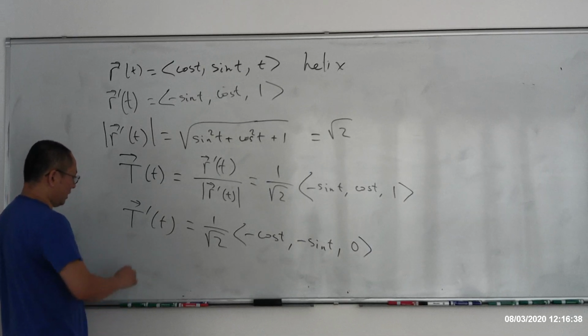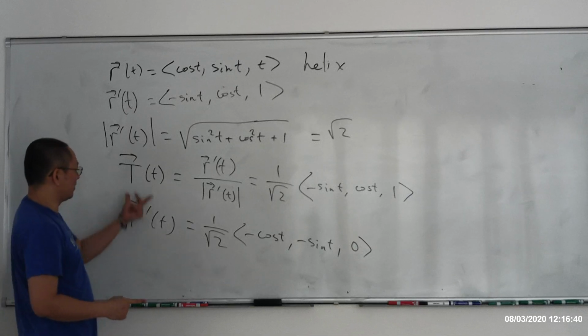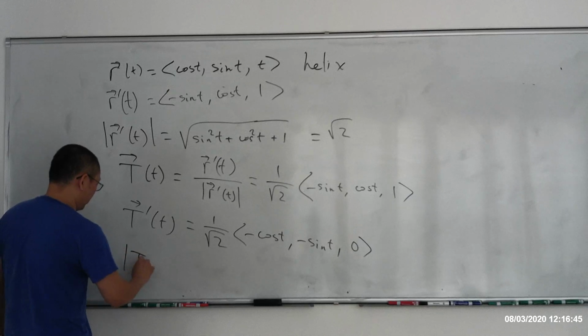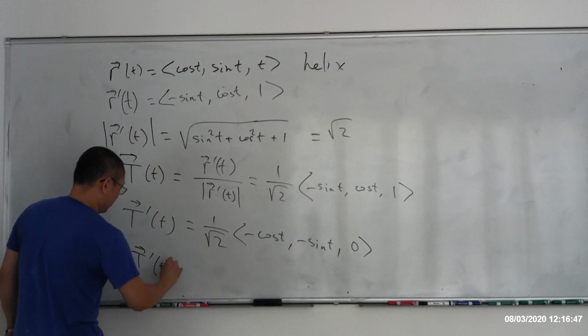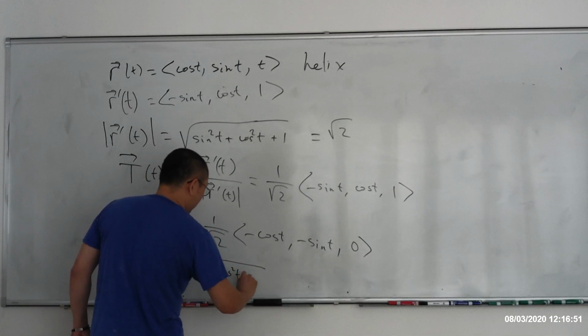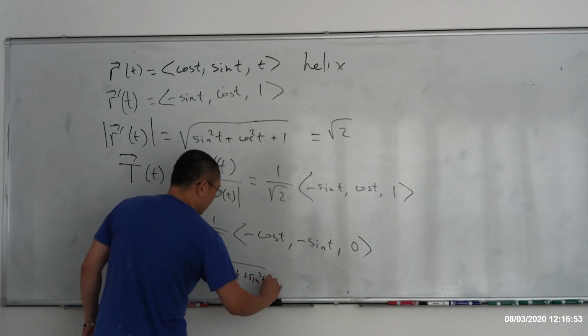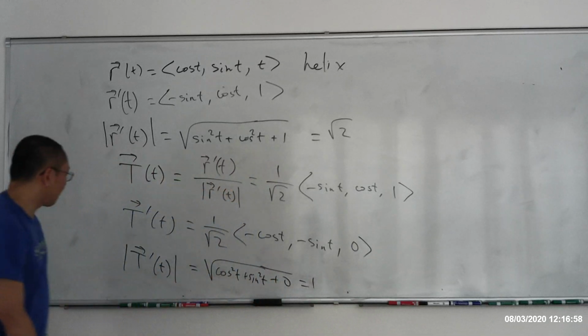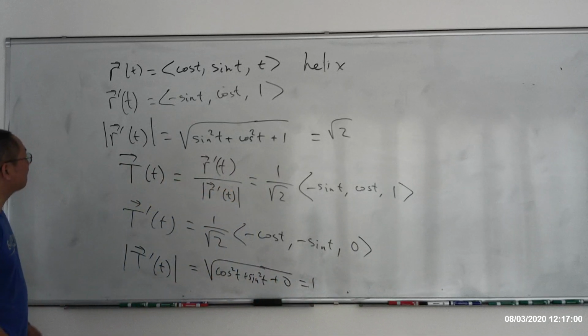Can I calculate the magnitude of this? It's 1, of course. Taking the derivative of this, the square root of cosine squared t plus sine squared t plus 0 is equal to 1.